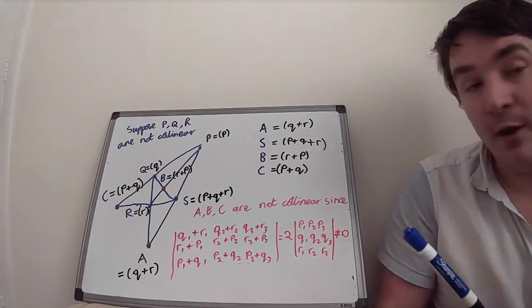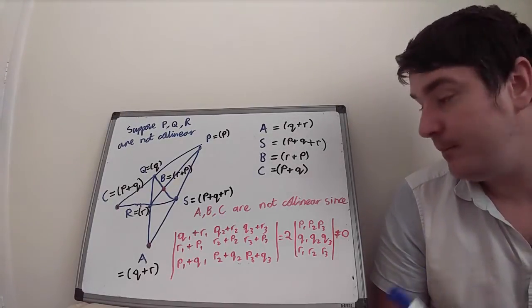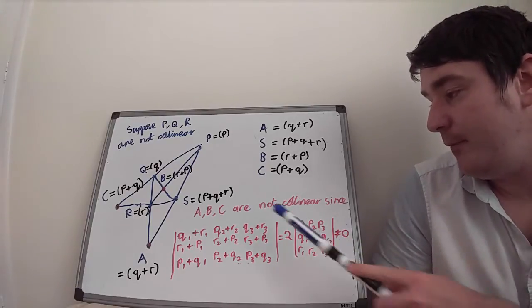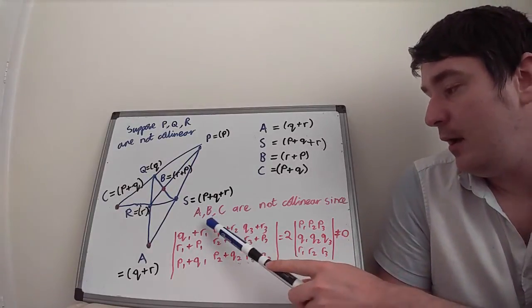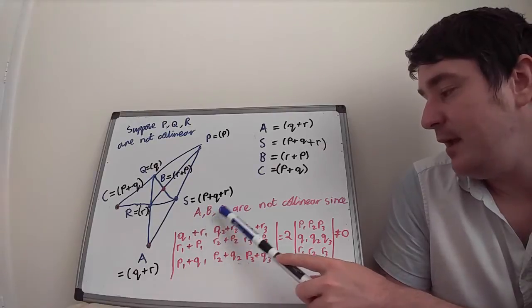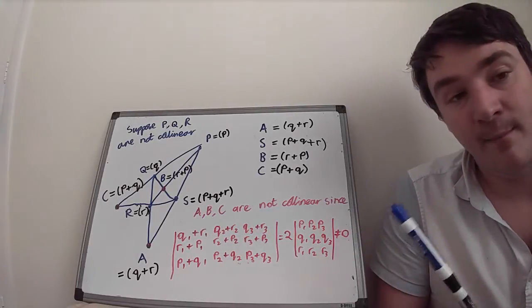So now we're going to finish the proof of this. So we have now that A, B and C are not collinear. Why?